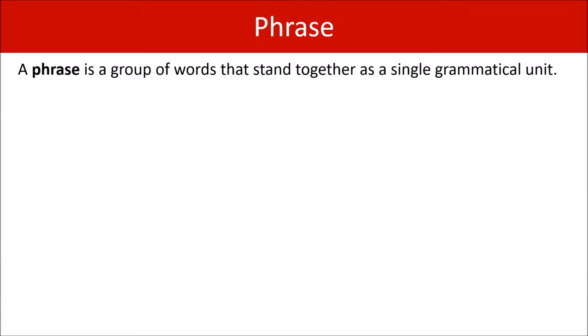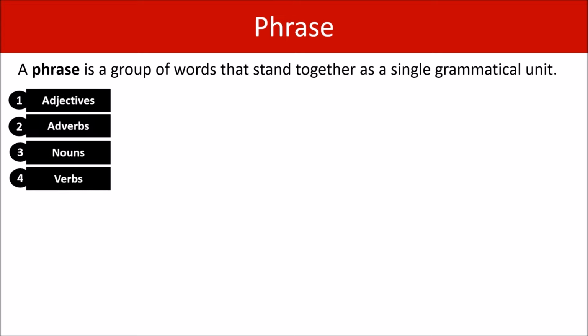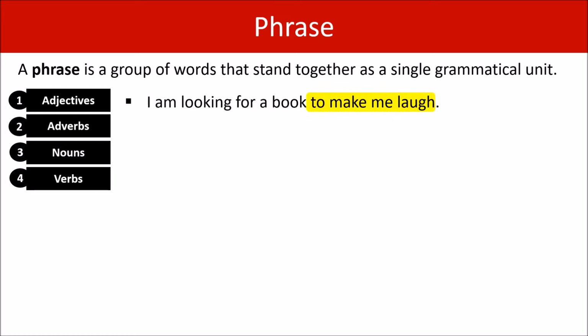Let's look at the grammatical units that phrases can function as. So the common ones are adjectives, adverbs, nouns and verbs. And here are some more examples. I am looking for a book to make me laugh. That describes a book. It's an adjective. She is going to Paris to buy a book.